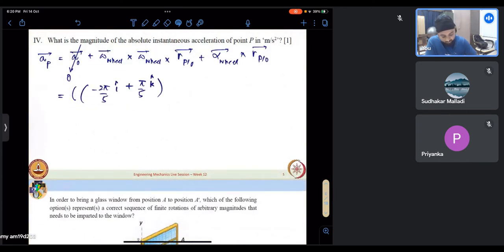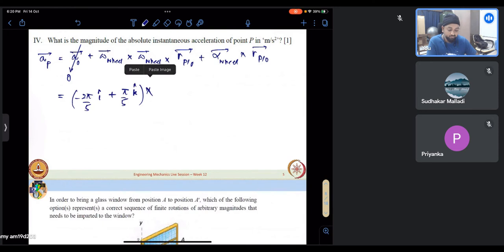This is my omega wheel k cap. This crossed with omega cross r naught. I won't write it again because I've already calculated it. This quantity we have already calculated in the last question.